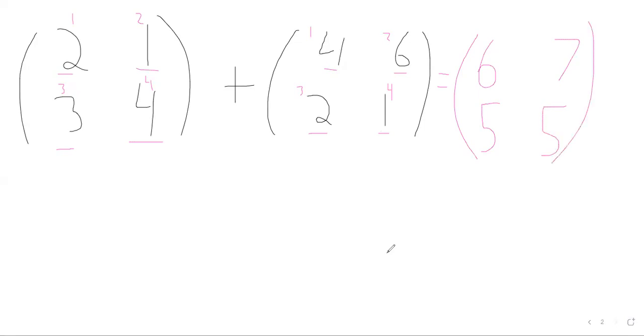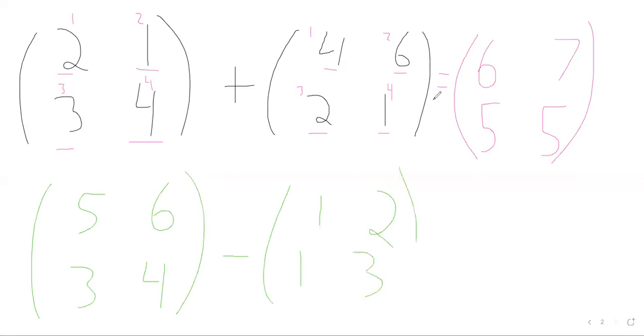And that is it. Let's try one more. Let's try subtract: 5, 6, 3, 4, subtract 1, 2, 1, and 3. Same concept, so let's label it: 1, 2, 3, 4 and 1, 2, 3, 4.